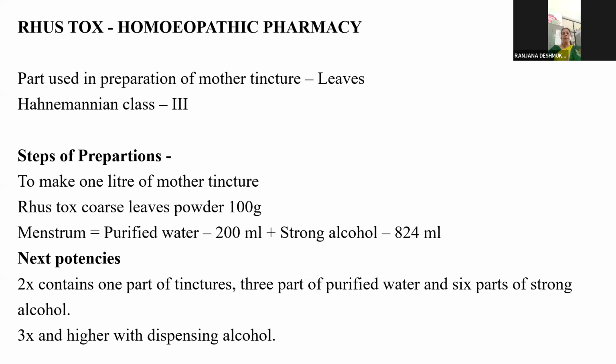But mostly we apply potencies. For some people who are suffering from chronic diseases, we start from a lower potency. If we want to prepare different potencies from the mother tincture, we prepare according to different scales. Here in the slide we have given the decimal scale.